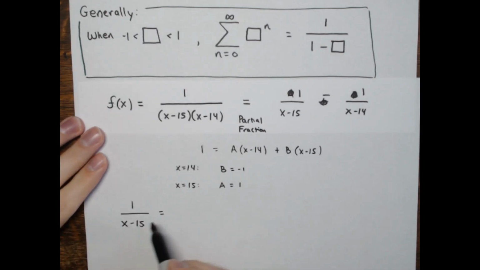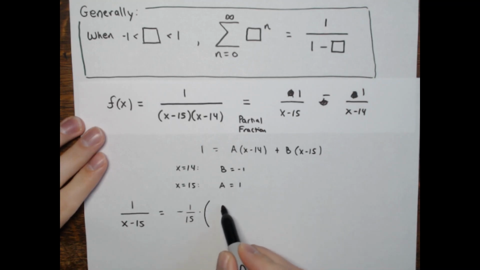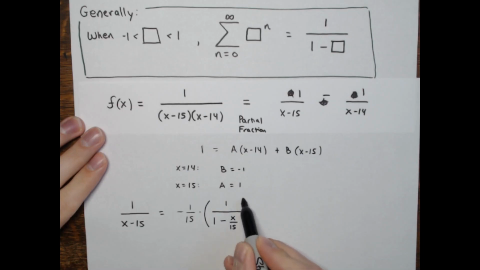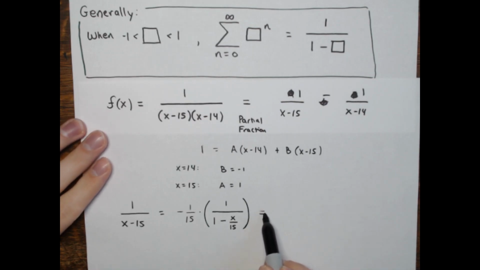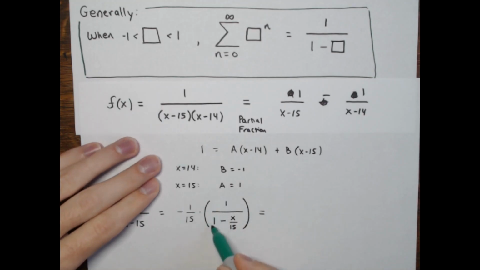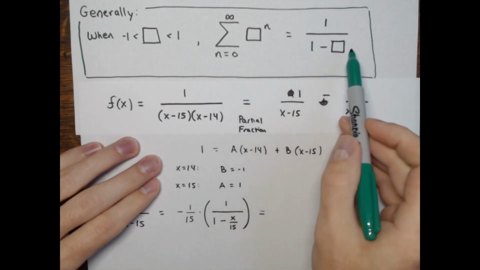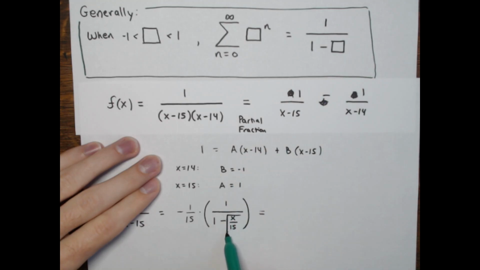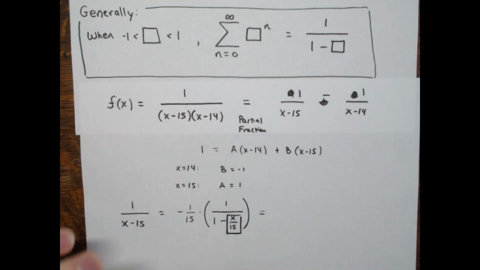So I'm going to pull out a -15 from the bottom here. Factor out -15, so I'll have -1/15 times 1 over 1 minus x over 15. If you were to multiply the bottom by -15, you'd get your -15 and you'd get your positive x. And now as a series, the expression in the box, the something in 1 over 1 minus something, is this x over 15.